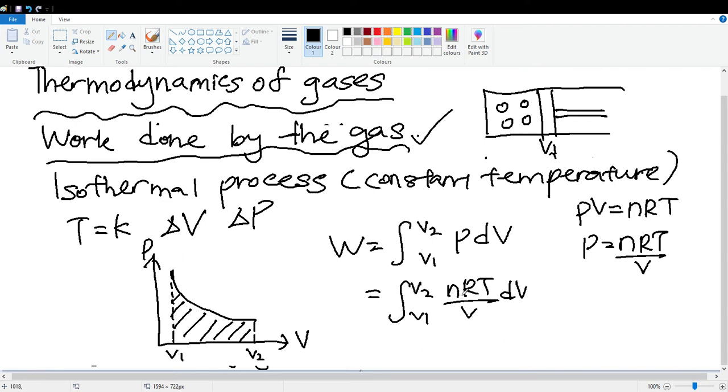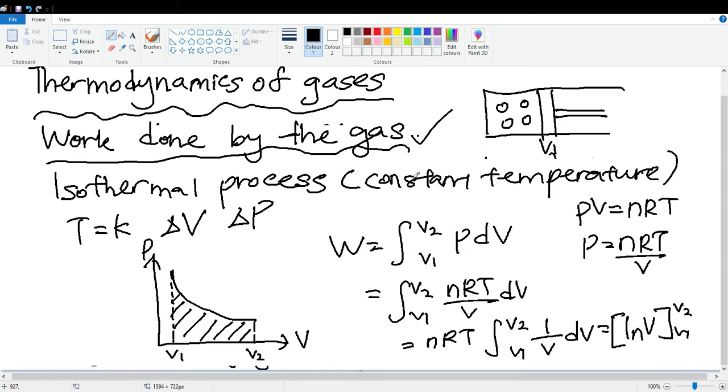The mole is a constant, the molar gas constant is also a constant, and the temperature is also constant since it is the isothermal process. So what we can do is move this nRT outside. So from V1 to V2, this is 1 over V dV. So the integration of 1 over V is actually ln V, bracket V2, V1.